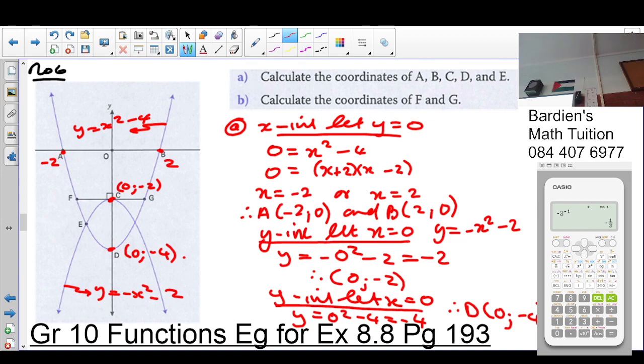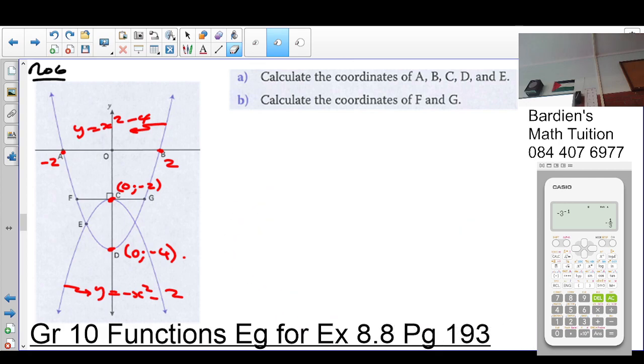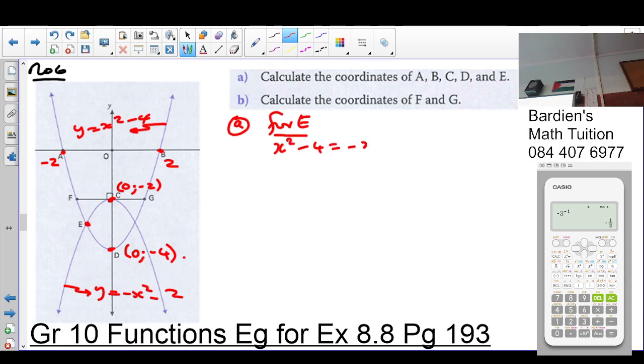And E. People, let's look at E. What is E? E is also the point of intersection. How do we calculate the points of intersection? Two graphs equal to each other, not so. So it's going to be x squared minus 4 is equal to minus x squared minus 2. So we take x to one side, numbers the other side.